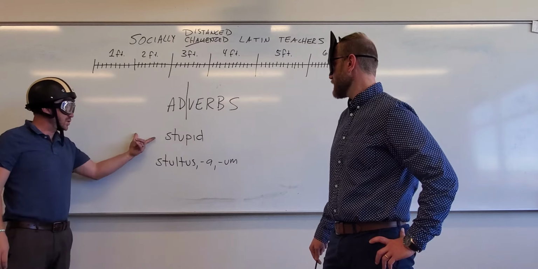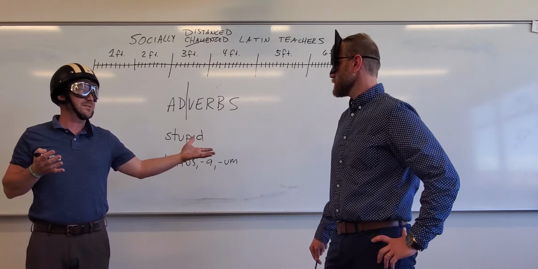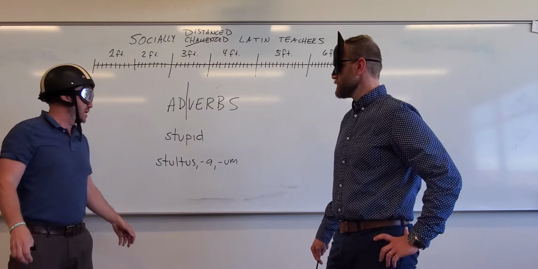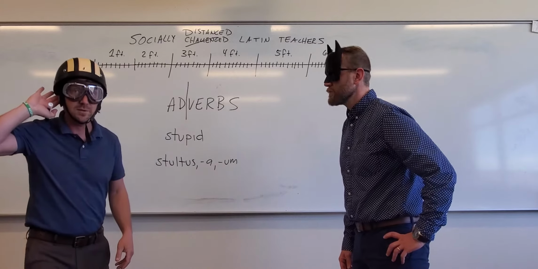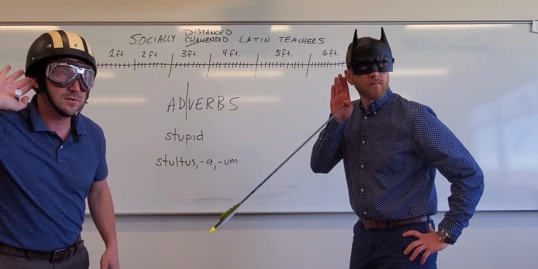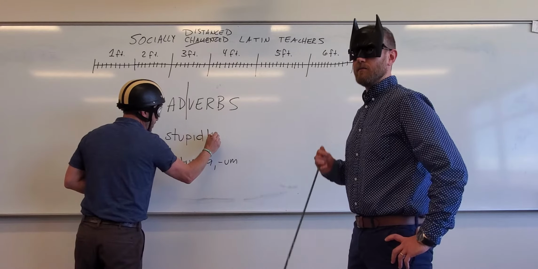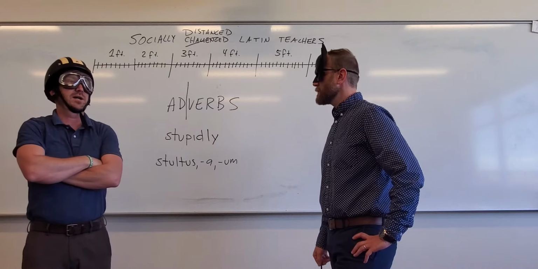Stupid, that's an adjective, right? The stupid cat. Cat's a noun, stupid modifies cat. The way that we would make that an adverb in English is to add ly. Stupidly.